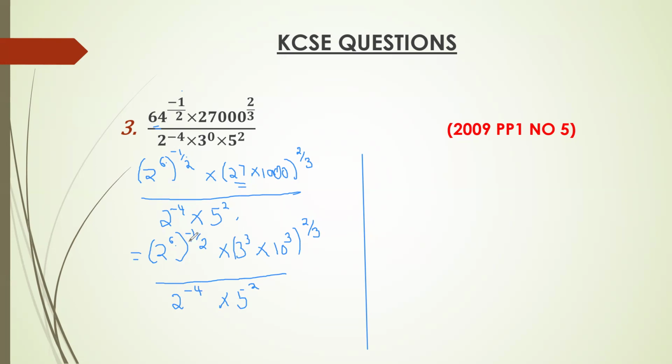So you multiply the powers, 6 times negative a half. Alafu kumbuka kuna hizi pia. Hizi 3 power 3 pia utamultiply na 2 over 3. Na hii 10 power 3 pia utamultiply na 2 over 3.